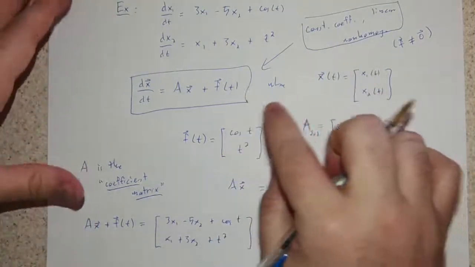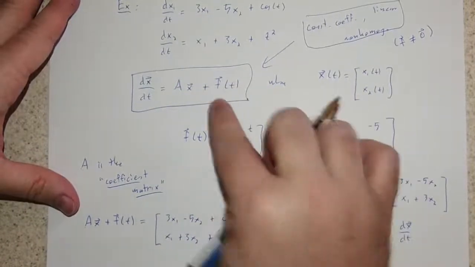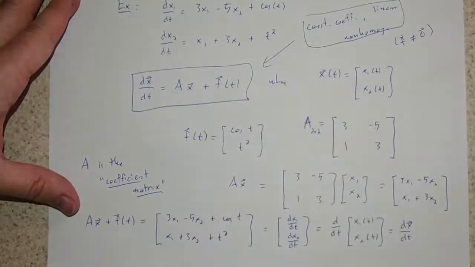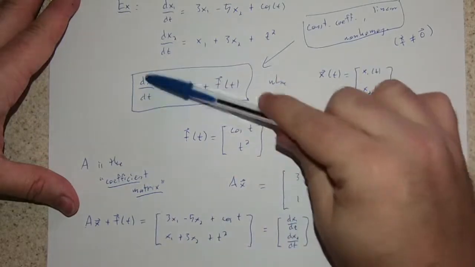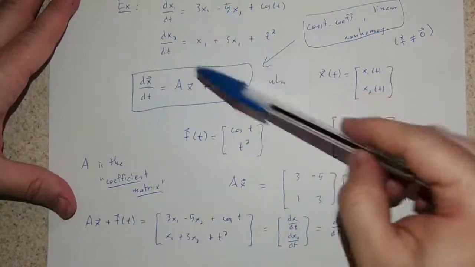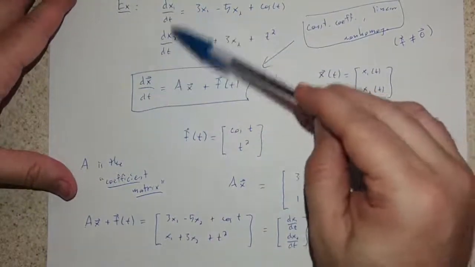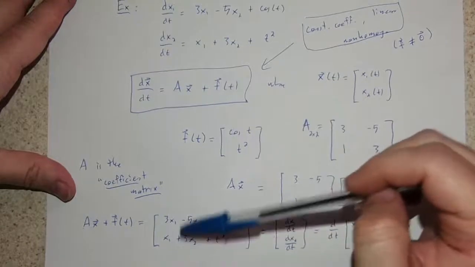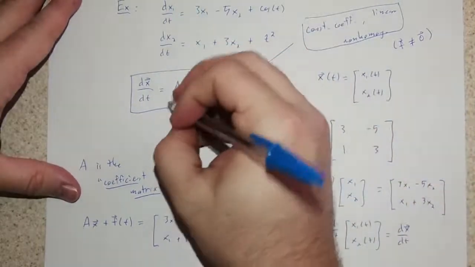Now, how do I impose an initial condition on this? Well, I have a vector of initial conditions. These are all first order, so I don't have to worry about conditions on the higher derivatives, but I do have to worry about conditions on each of these unknown functions. But that gives me a vector of initial conditions.